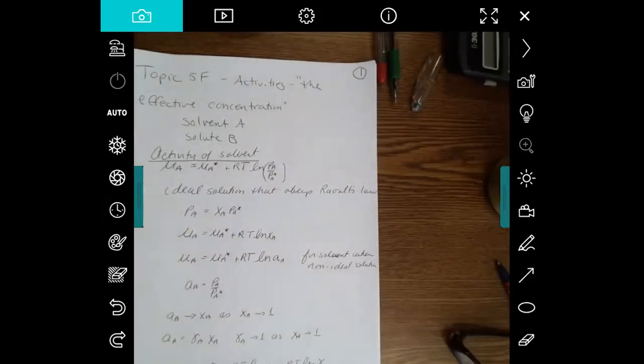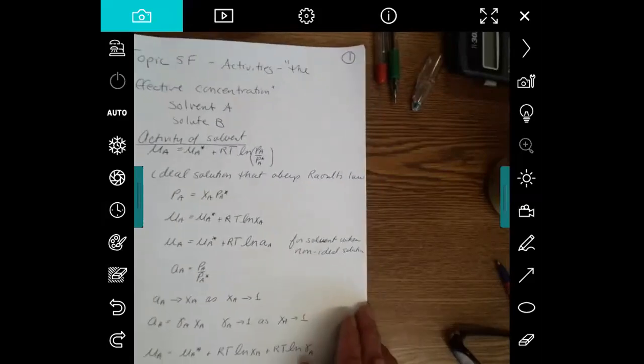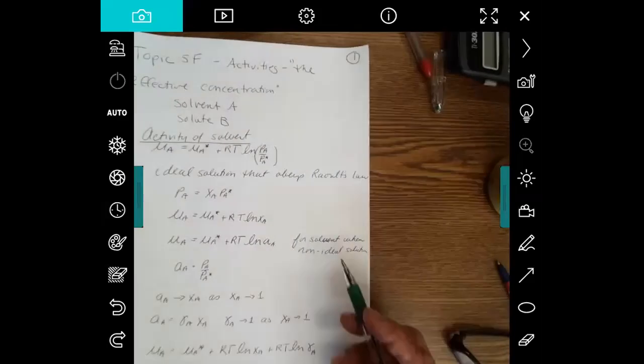Does it behave as if its concentration is equal to the true concentration, or is there something changing that? This will be the last section out of our focus 5, and then we'll move on to actually talking about chemical reactions. So we just have to have this last idea on how we make corrections to our equations, essentially.